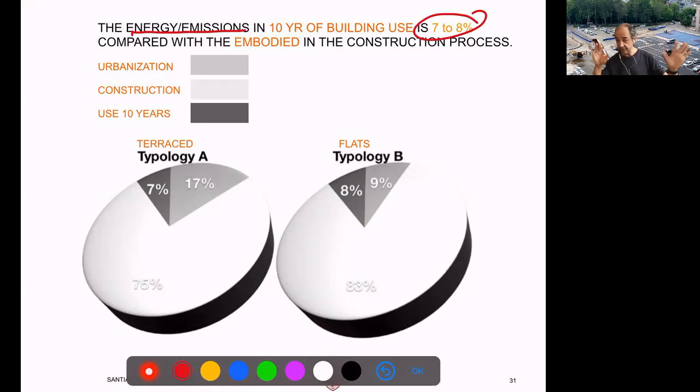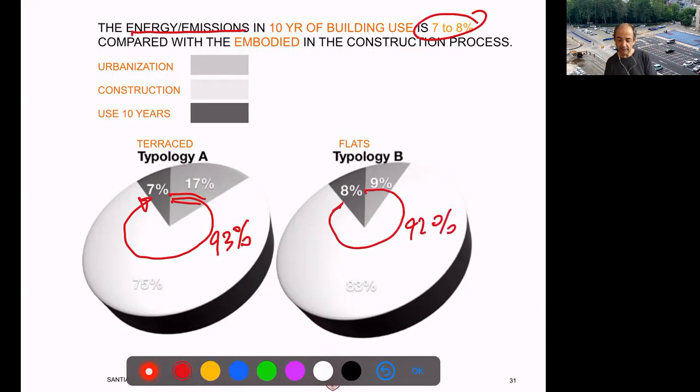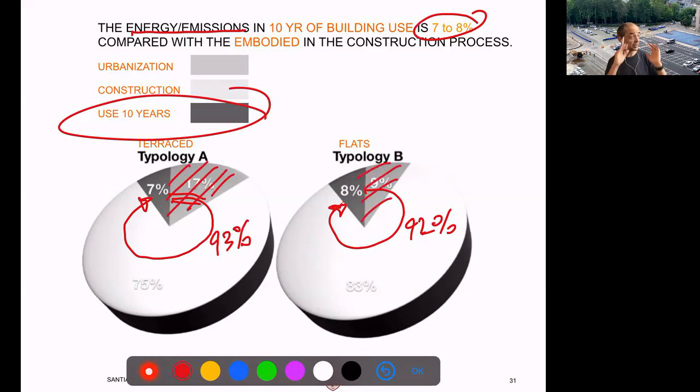Just be aware that it's not the same, but we calculated that urbanization, infrastructure, and construction account for 93% in terms of low efficient construction, and as much as 92% in very efficient construction. So in 10 years, 92%, 93% of the emissions are just already done. And this is what is happening with our DR parking. So all this, we have no building, but all this percentage is there for life.